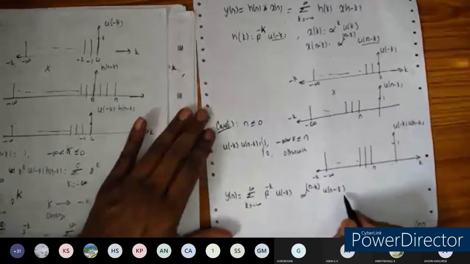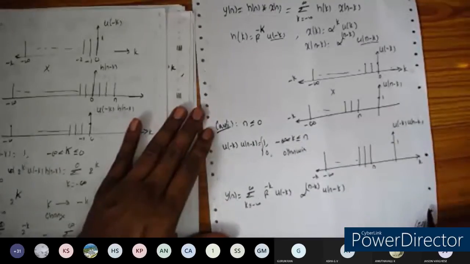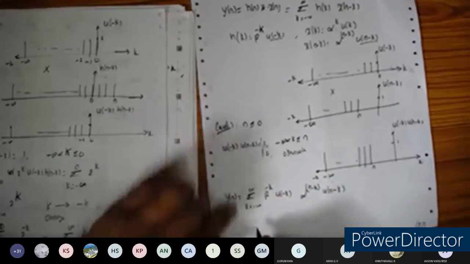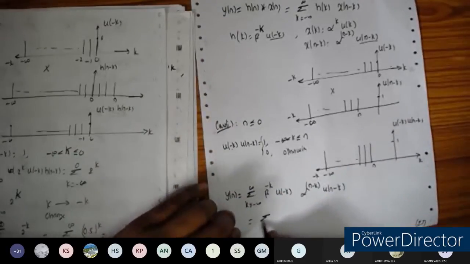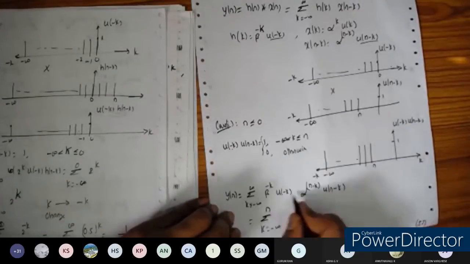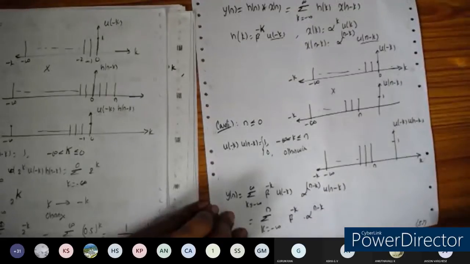We know that the product of u of minus k into u of n minus k is 1 from minus infinity up to n. So the summation becomes k is equal to minus infinity up to n. These terms' product is 1, and the remaining terms will become beta to the power of minus k into alpha to the power of n minus k.